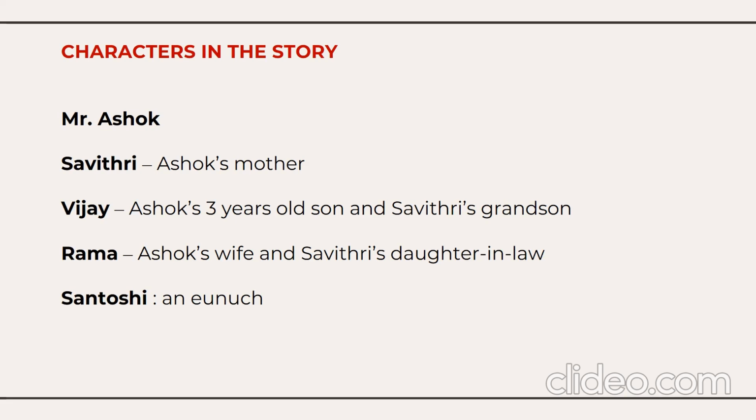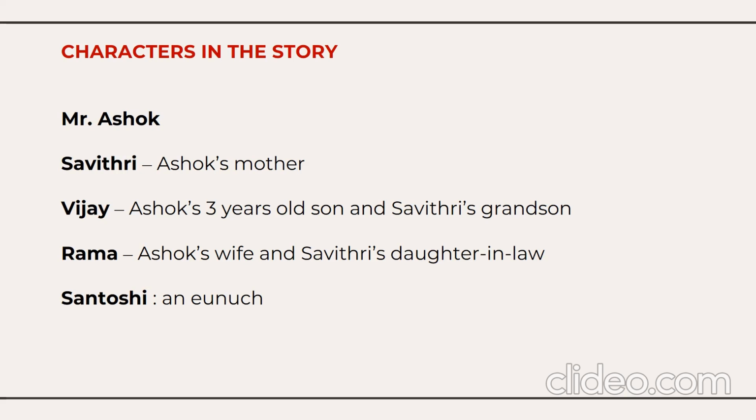For example, Ashok Srinivasan's mother's visit to Chennai during the Pongal festival. Which always, when you talk about Pongal, it always gives us the idea of agriculture, harvest, etc. Savitri, who is Ashok's mother, has prepared very nice savouries and sweets for her son and for her grandson, Vijay, who is hardly 3 years old.